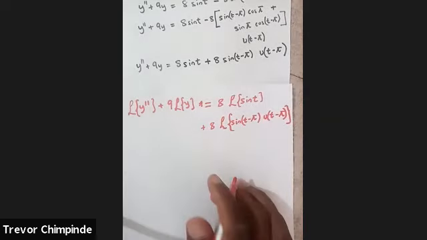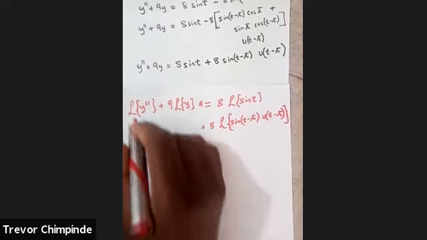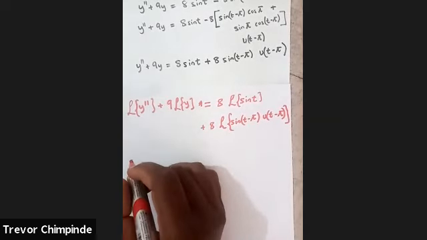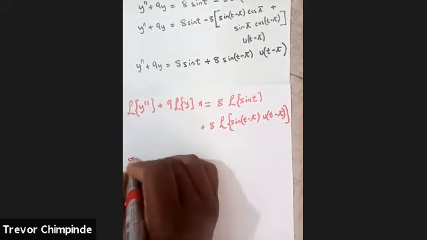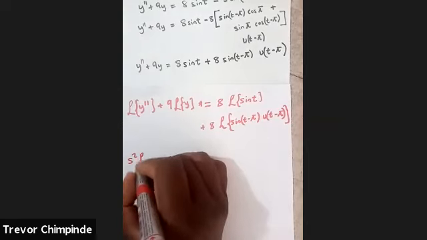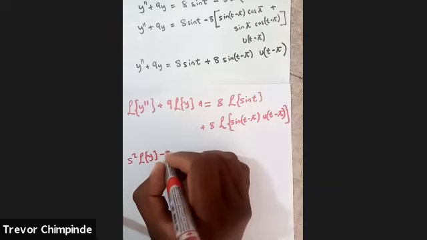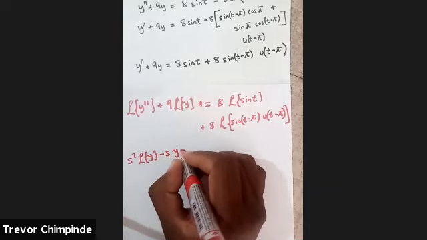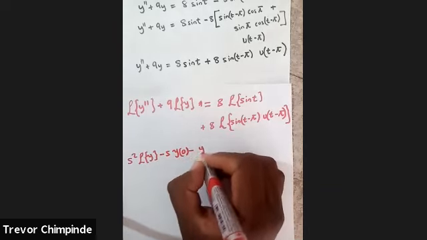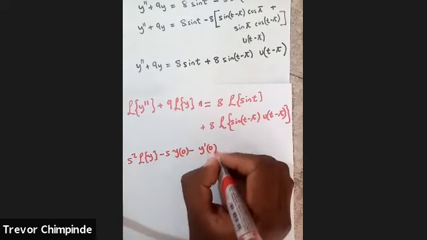On the left-hand side, we know that Laplace of y double prime is s squared Laplace of y minus s y of 0 minus y prime of 0.